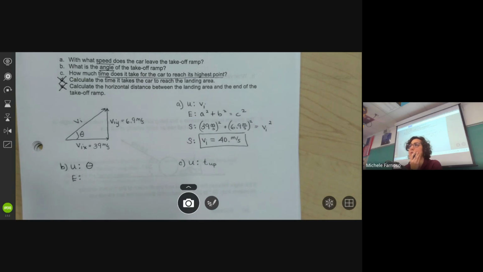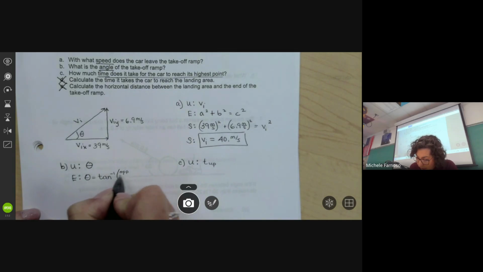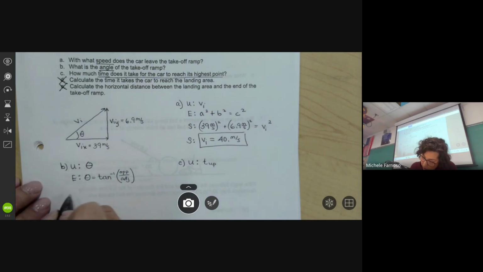Oh, we did this back in unit 2. Right. So theta equals the inverse tangent of what? Very good. The opposite over the adjacent. So let's go ahead and do our substitution with units.